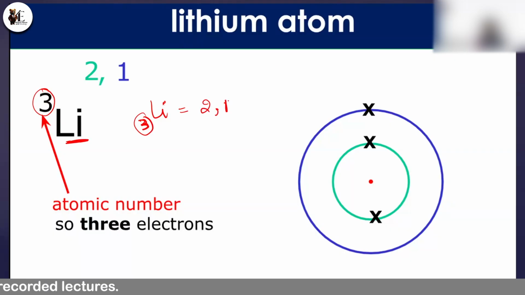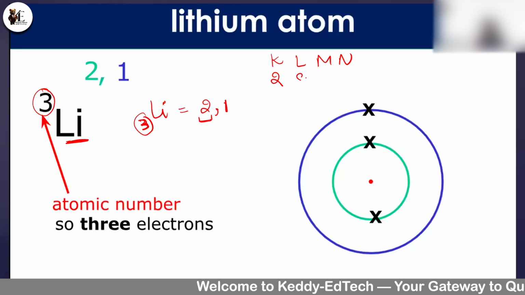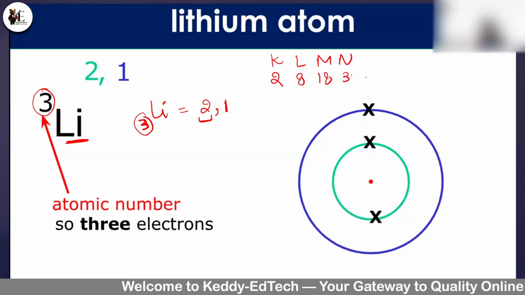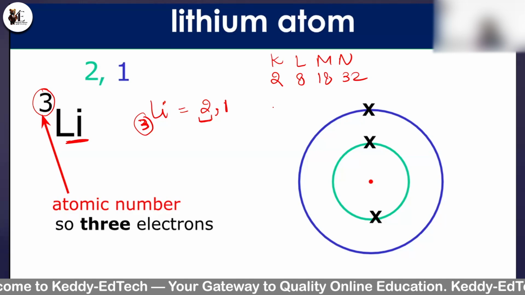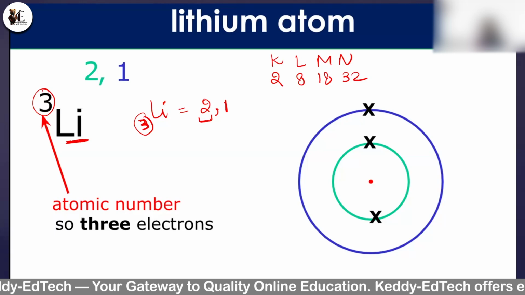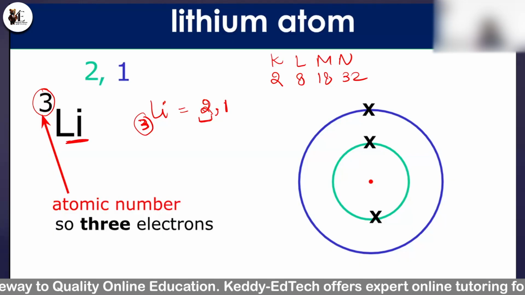Why? Because I already told you that in the first shell only 2 electrons can come. The shells are called K, L, M, N. In the first shell, you can have 2 electrons. In the second shell, 8, then 18, 32. So this you have to remember. But in your syllabus, we will read it like this: in the first shell, you can have 2 electrons, because every element wants stability, right?